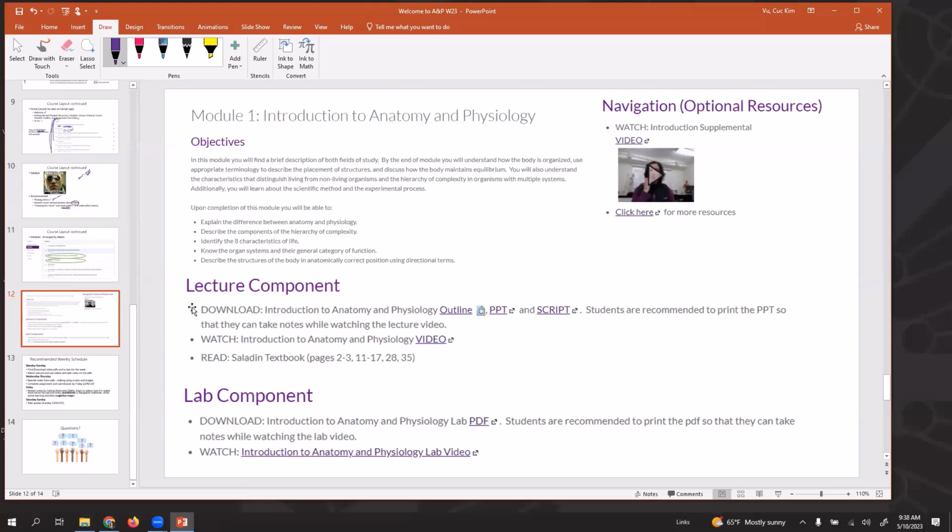Bullet points 1 and 2 are exactly what you need to answer all the questions on the quizzes and exams. We just have you read the textbook because if you want a deeper explanation, the textbook is really helpful for that.